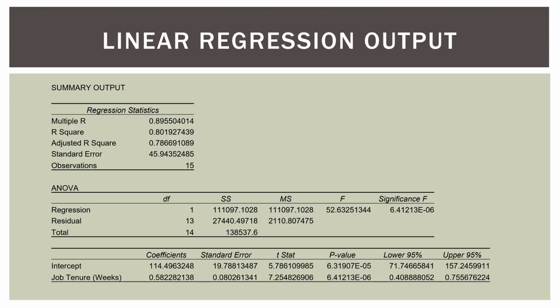That's very, very high. And you can see that our significance value is very, very small. So the model is statistically significant. Down here at the bottom, we have our intercept and dependent variable. There are the coefficients we saw earlier in the regression equation, the standard error for each, the p-value and t-statistics for each, which are both significant. And then we have the confidence interval.